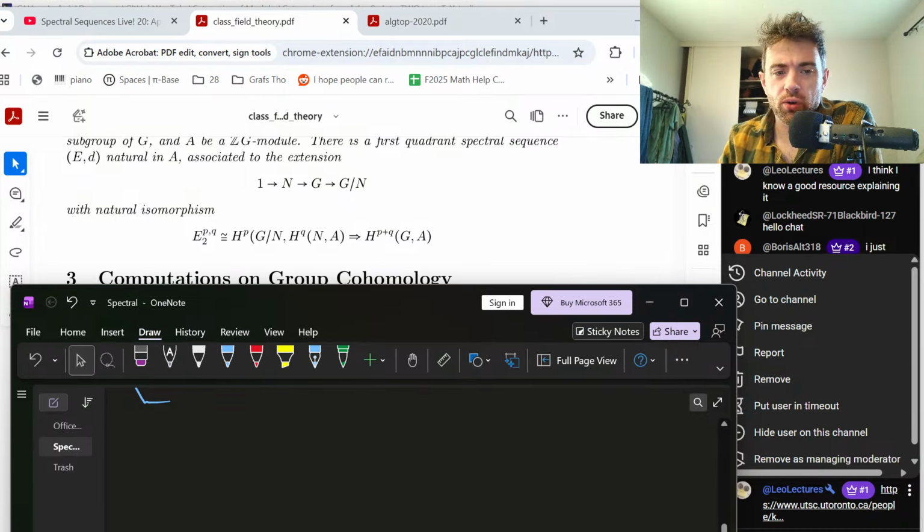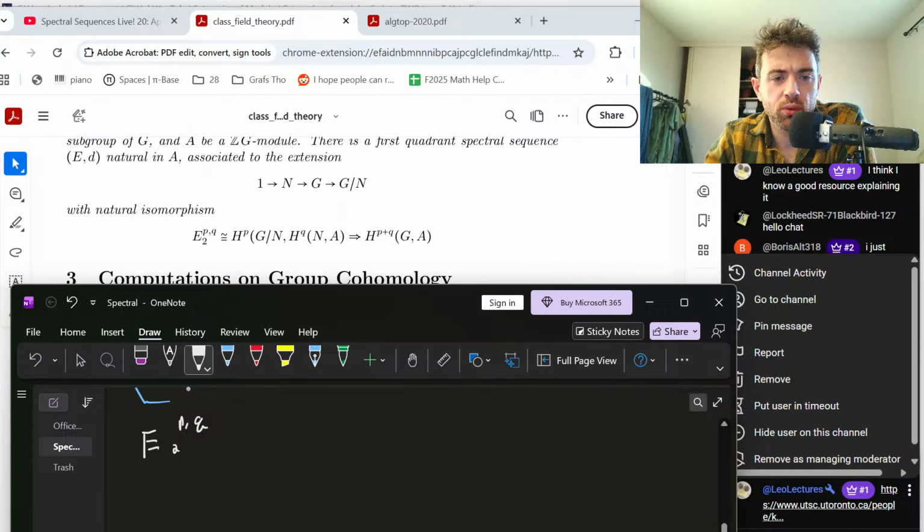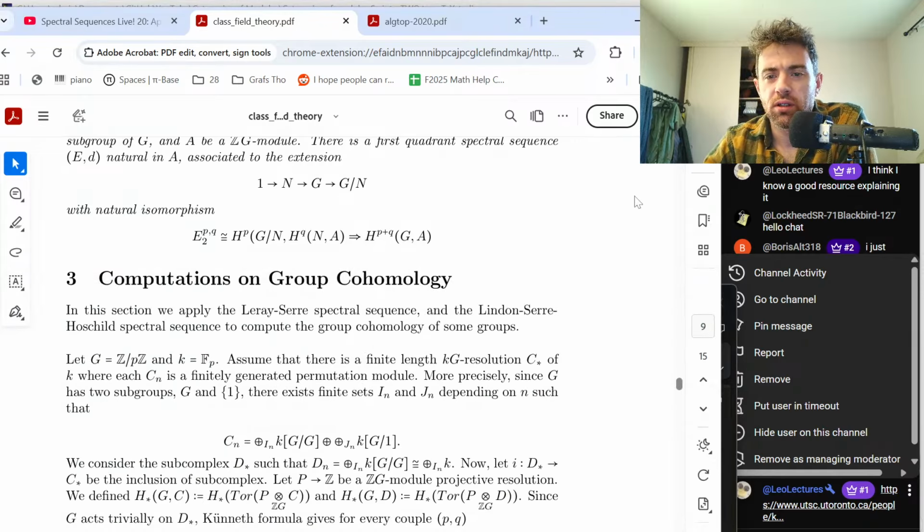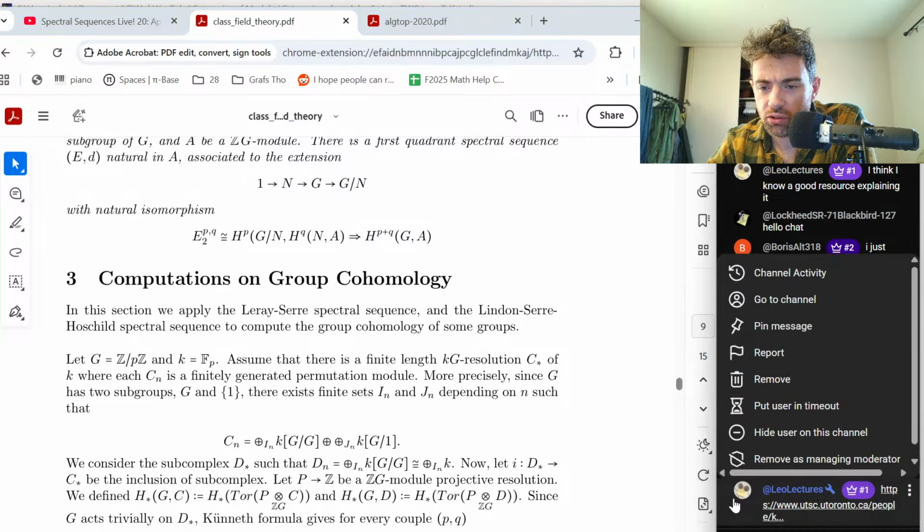Right. So we have that E2^{p,q} being H^p of Q8 mod the, how do I make this damn message go away? There we go.